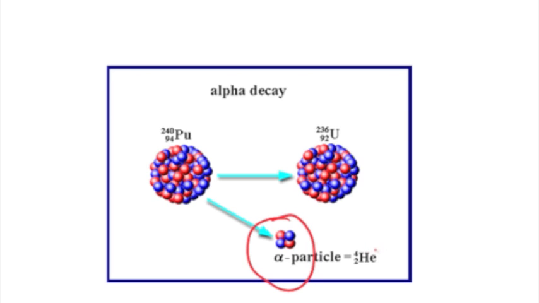An alpha particle is a helium nucleus which contains 2 protons and 2 neutrons. So it doesn't have any electrons because it's spitting off of the nucleus. This is just a picture of the nucleus, and the alpha particle spits off. And because you're losing 2 protons in the process, you change the chemical identity to uranium-236.